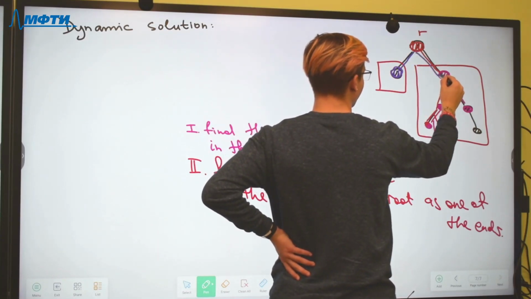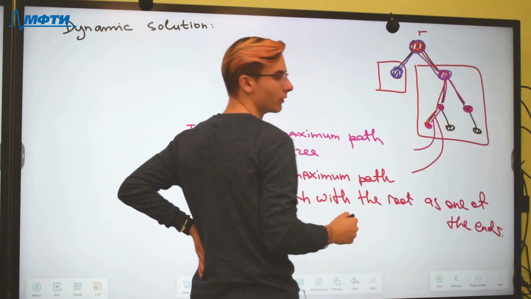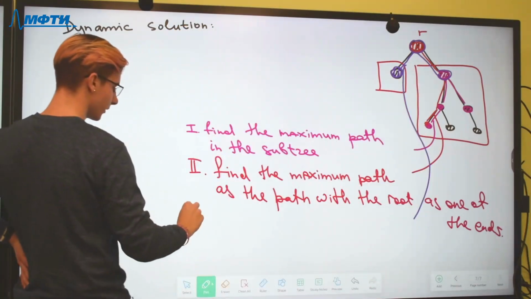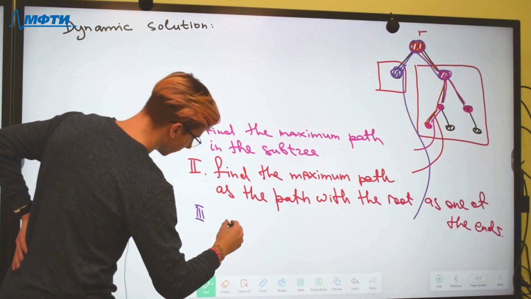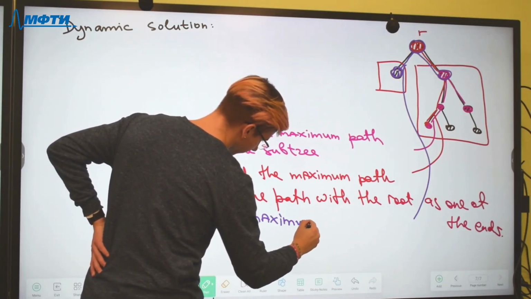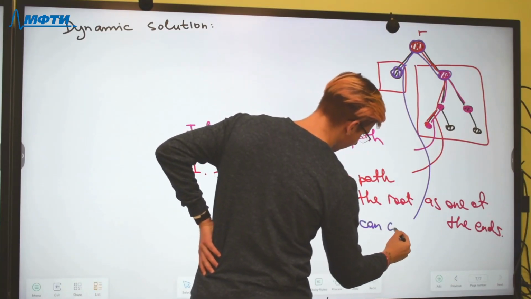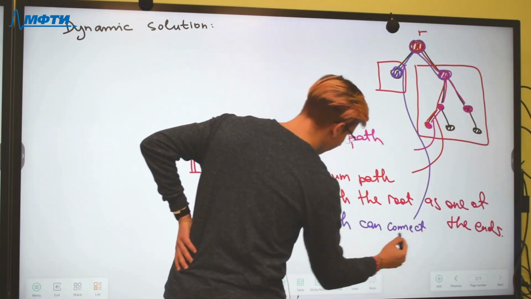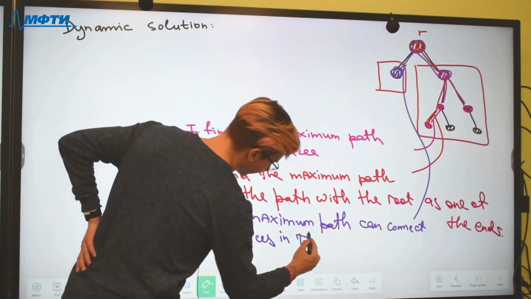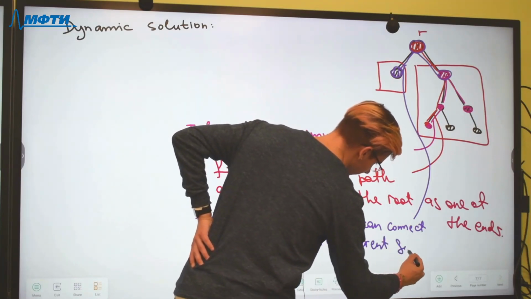It can be, for example, such a path. It is the third way. The maximum path can connect vertices in different subtrees.